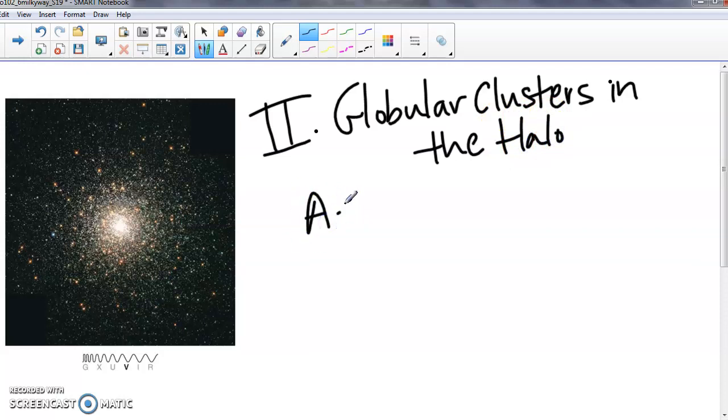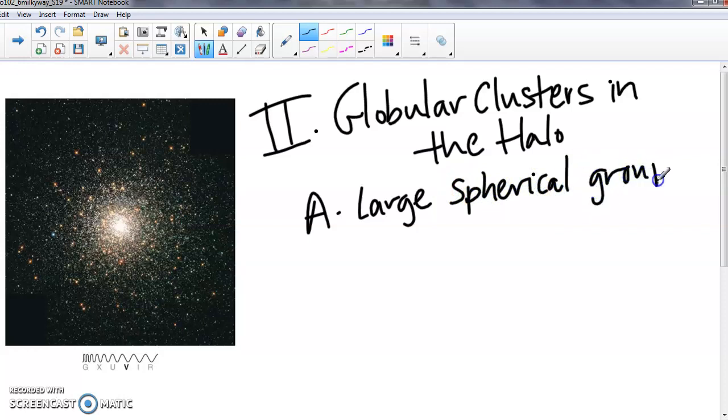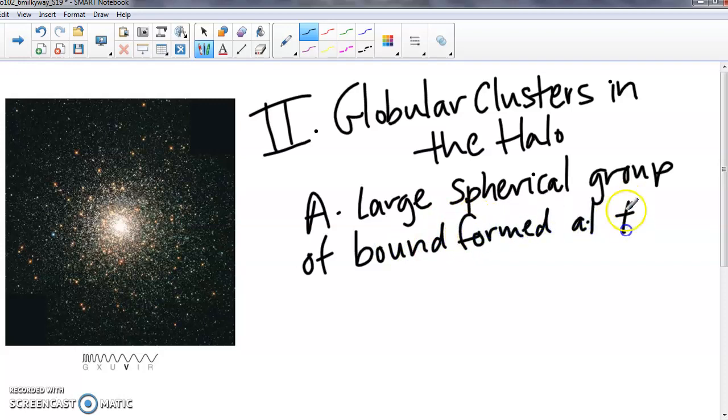What is a globular cluster? It is a glob of stars. It is a large, spherical, so ball-shaped, group of bound stars. They are all gravitationally bound together, and they were all formed at the same time.